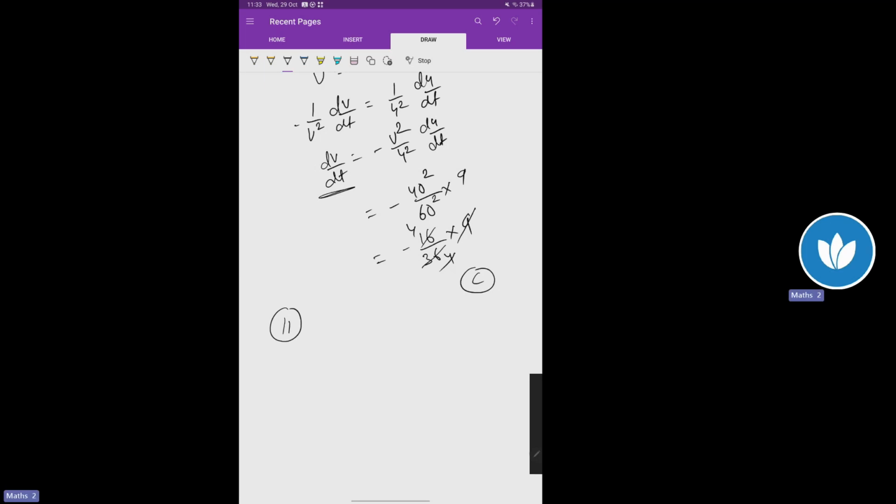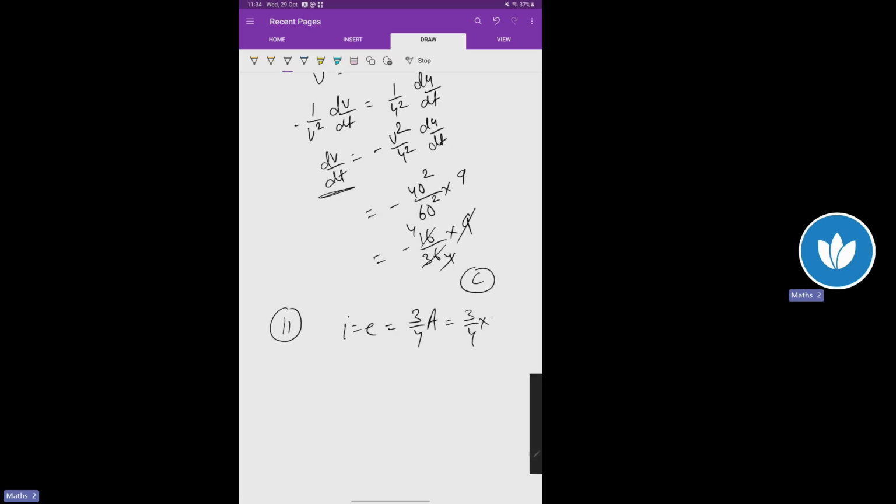A ray of light passes through an equilateral prism such that the angle of emergence is equal to the angle of incidence and is equal to 3 by 4th of the angle of prism. Means I is equal to E is equal to 3 by 4 times of A. The angle of deviation: this prism is an equilateral prism, so A is 60 degree.